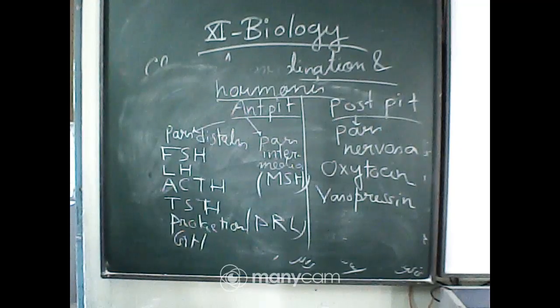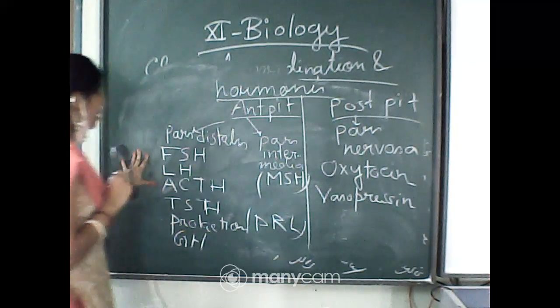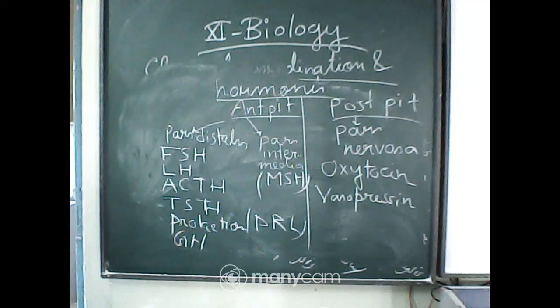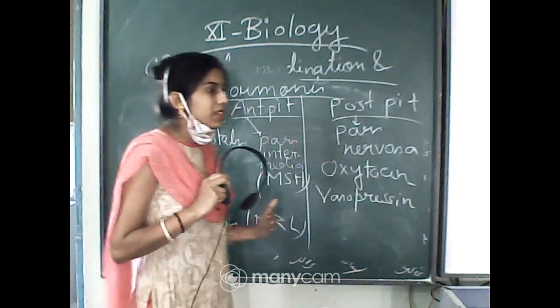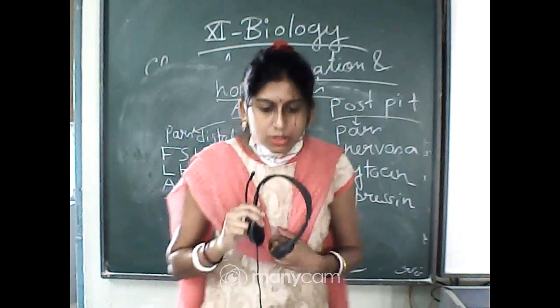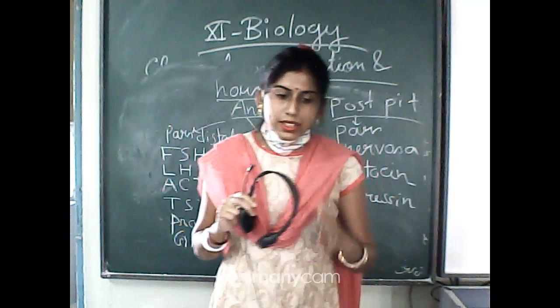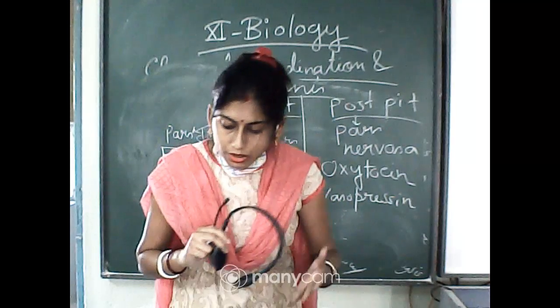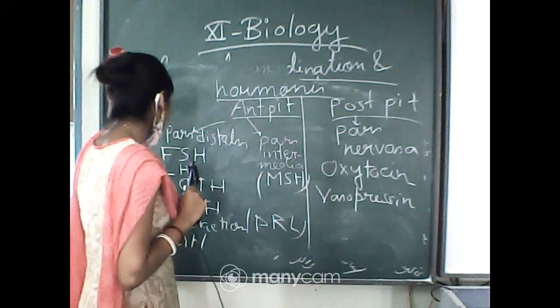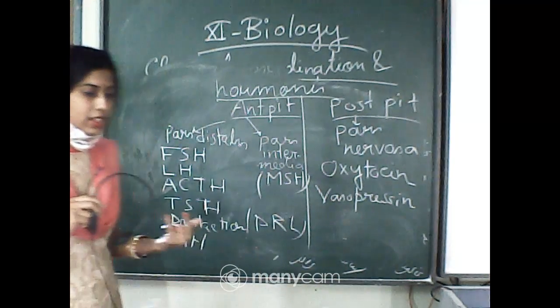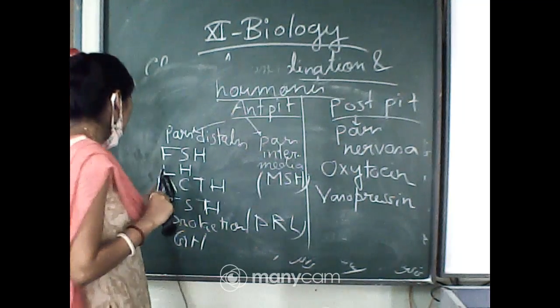Okay, so all these hormones have different roles in our body. First I will discuss the main general functions of all the hormones. First one is FSH. As the name suggests, follicle stimulating hormone, you can understand that it has a role on the follicles. Next one is LH. It is also related to the reproductive system.